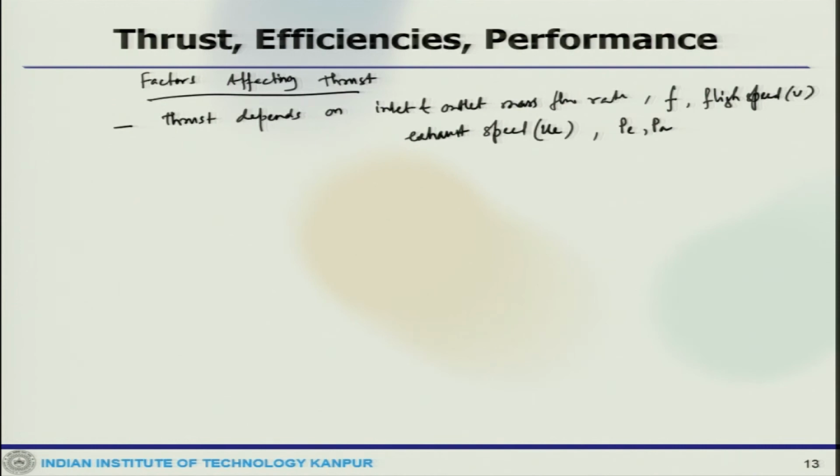It looks like they are pretty simple to identify, these factors which are listed here, but each of these parameters depends on several factors. For example, take the inlet air flow rate: it influences both the momentum thrust and the momentum drag.